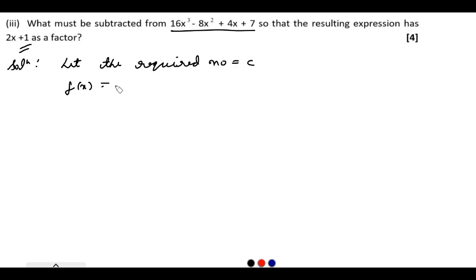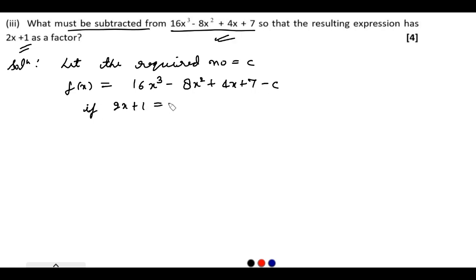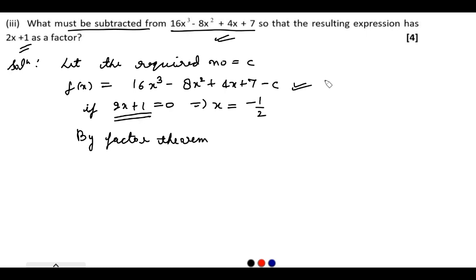Then f(x) will be 16x cube minus 8x square plus 4x plus 7 minus c. 2x plus 1 is equal to 0, then x is equal to minus 1 by 2, and by factor theorem, if 2x plus 1 is a factor of f(x), then f(minus 1 by 2) will be 0.